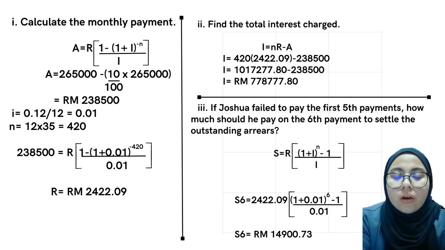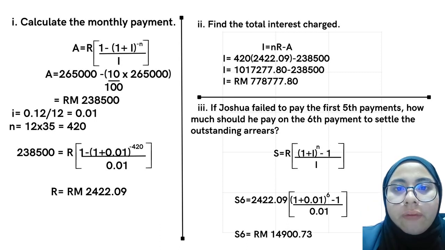So the answer for R is 238,500 over 98.4688, equal to 2,422.09 ringgit.